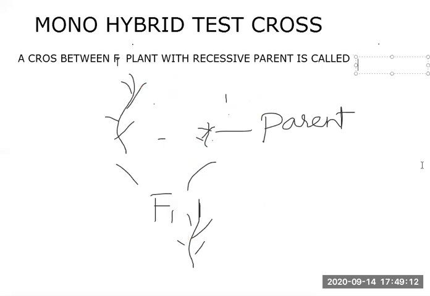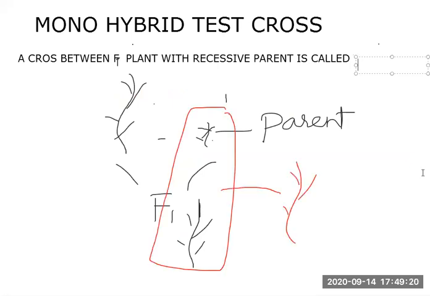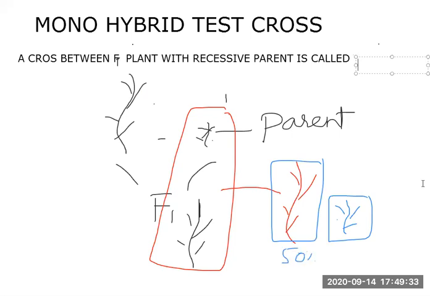Okay, now let's start the cross. When we cross F1 with the recessive parent, what do I obtain? That result I am giving, as if I am doing it in the laboratory. We obtain 50% tall plants and 50% dwarf plants.